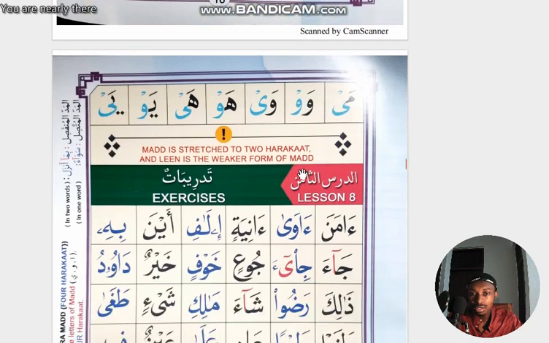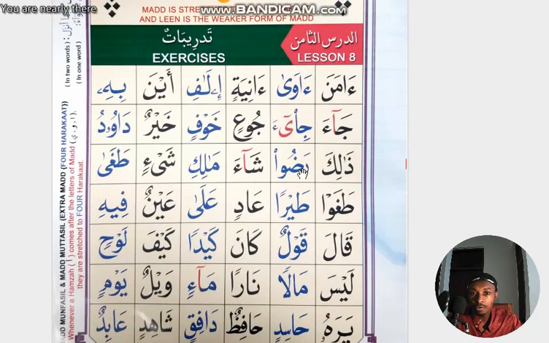In the next lesson we'll see the tadribat, the exercises from the first lesson to lesson number 7, mixing all of the ahkam in this lesson.